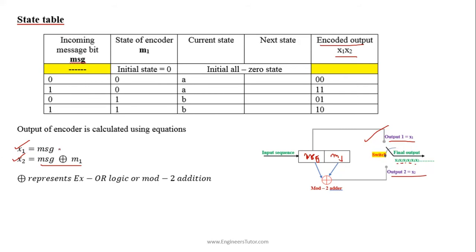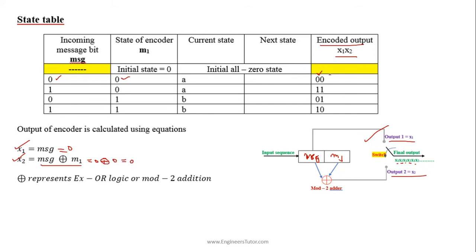Suppose MSG is 0, we get x1 equal to 0. For x2, M1 is 0 and MSG is 0, so we get 0 plus 0, which is 0.